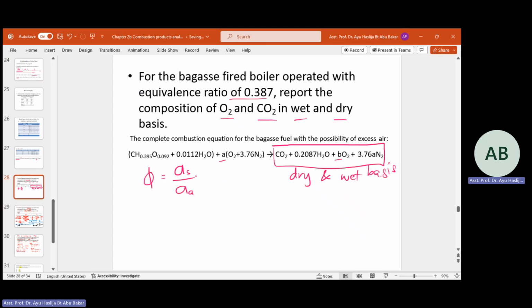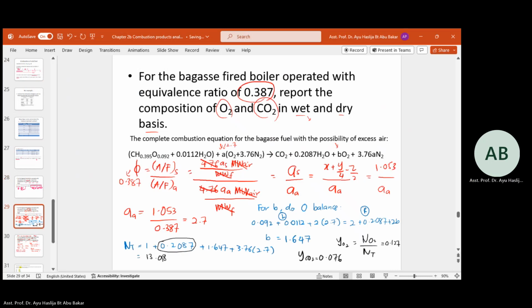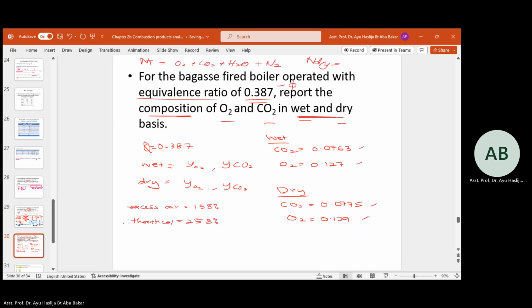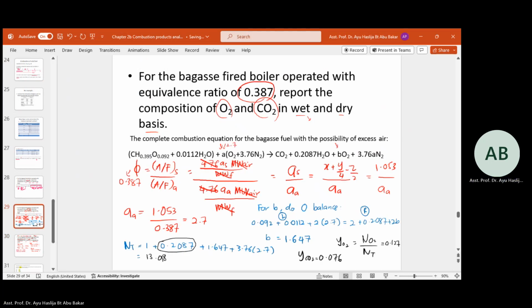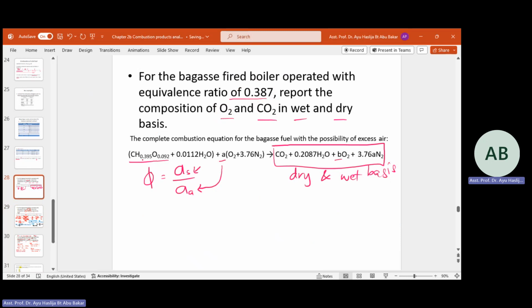Betul. So A stoic kita boleh dapat daripada stoic equation, kan? A actual from here. Kalau A stoic, kita guna just the equation, from the chemical formula here.